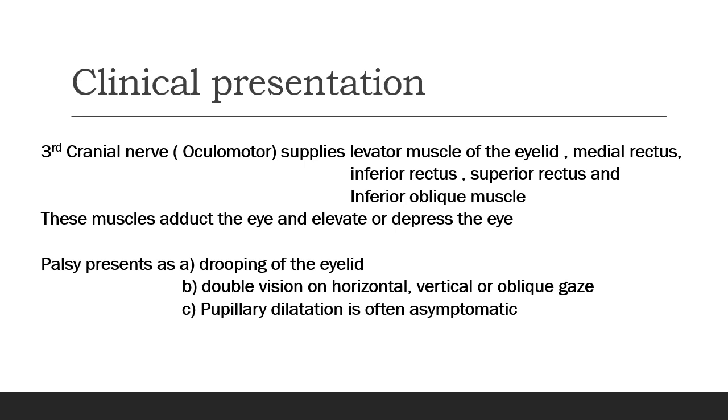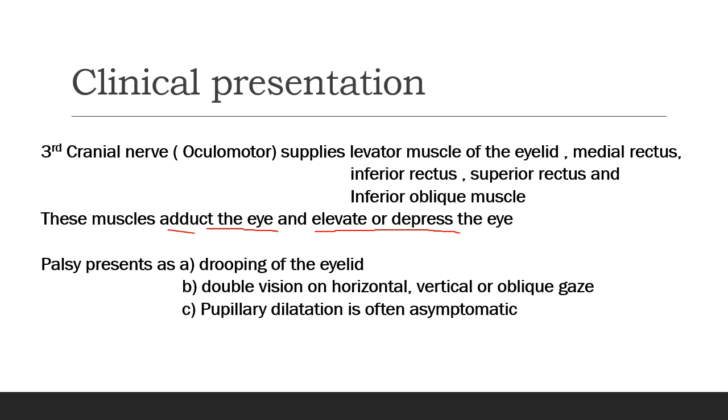So basically, other than adducting the eye, elevating or depressing, it also plays a role in the control of the pupillary fibers and also the levator muscle of the eyelid, basically lifting of the eyelid.